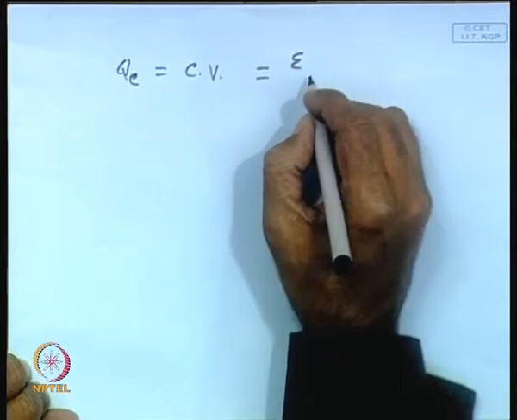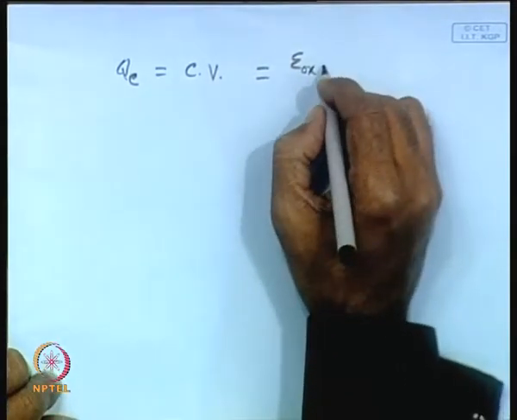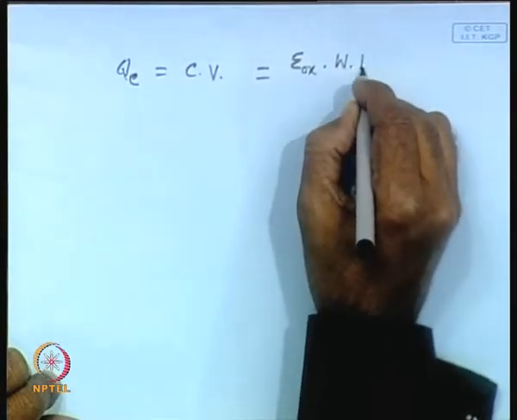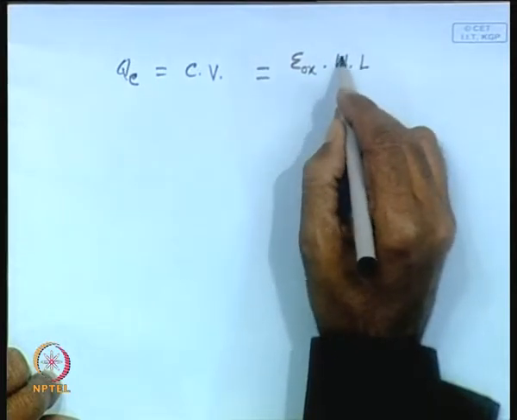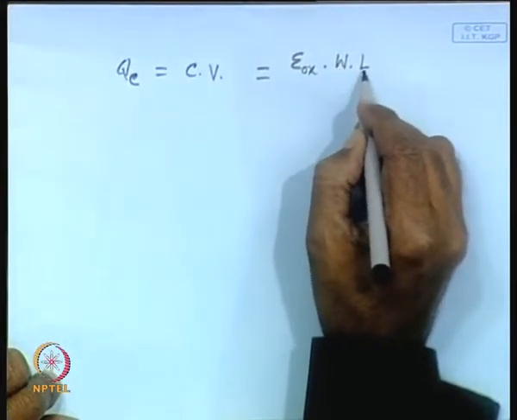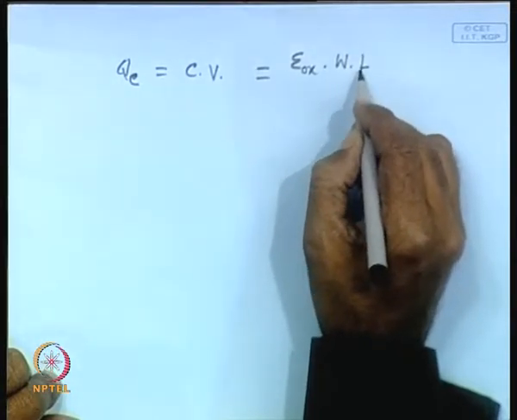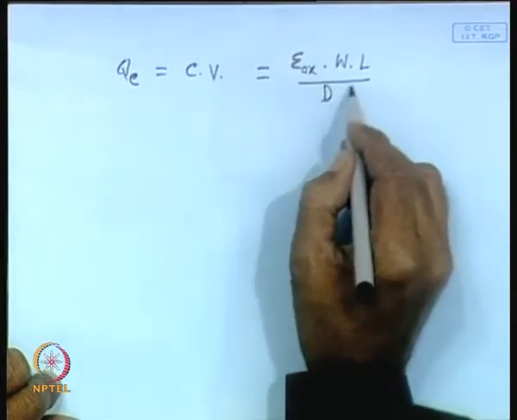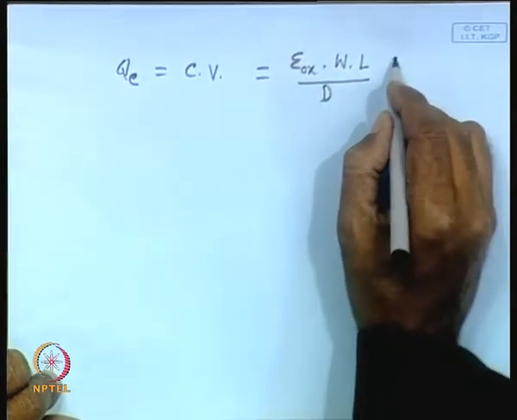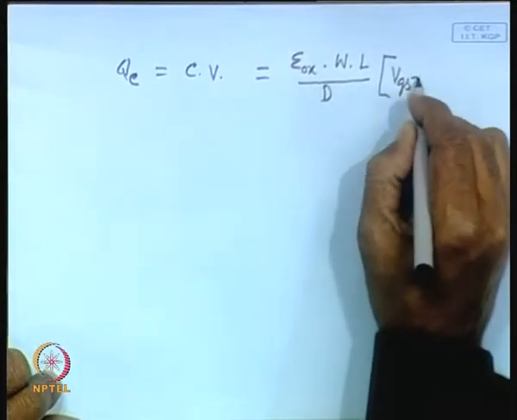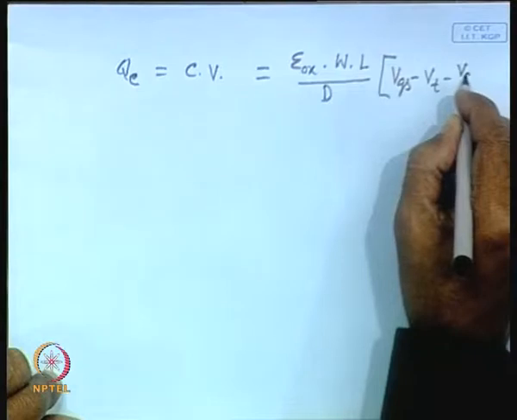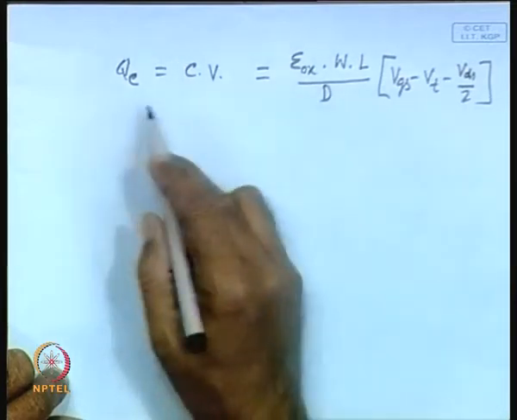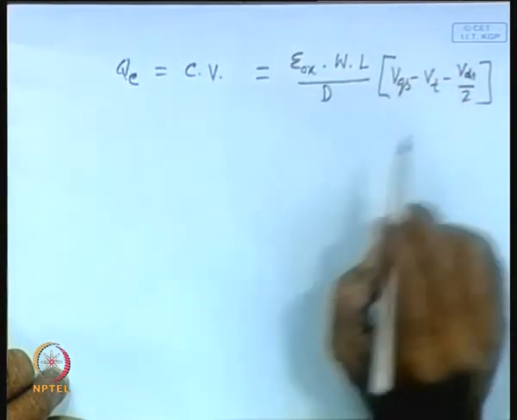It is epsilon oxide into area, and the area is equal to W into L, because we have seen that the parallel plate capacitor has an area with width W and length L, divided by D. This is the capacitance, and your effective voltage will be equal to VGS minus VT minus VDS by 2.